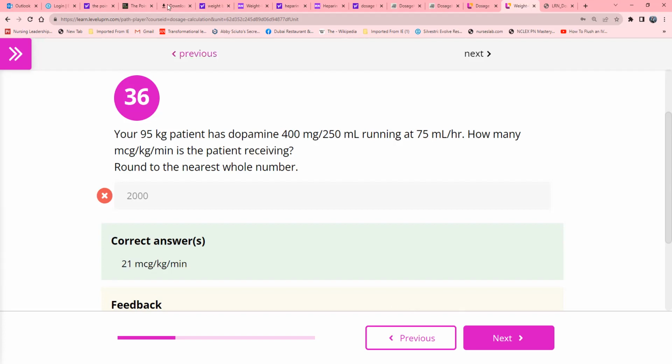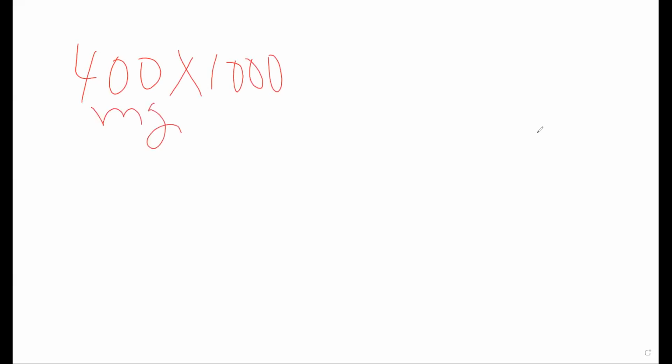All right, here we go into the whiteboard now. So you have to take all the numbers out of this problem, okay? So write all your numbers down. Okay, so the first thing I did was I took the 400 and I multiplied it times 1,000 because I wanted to convert my milligrams to micrograms.